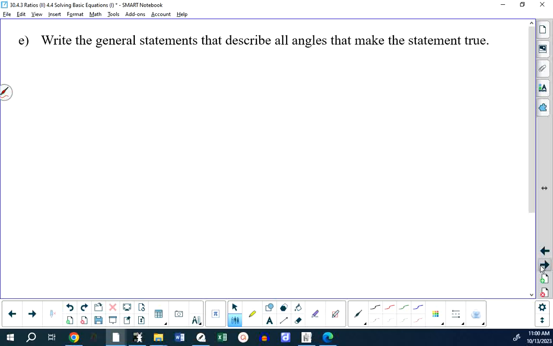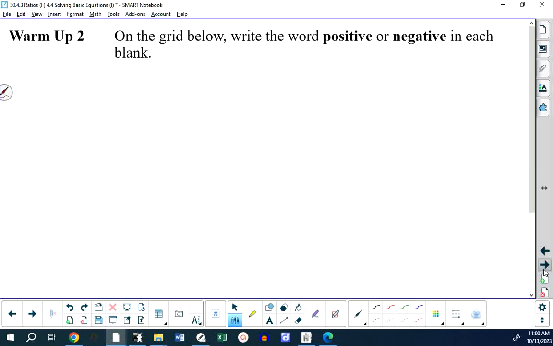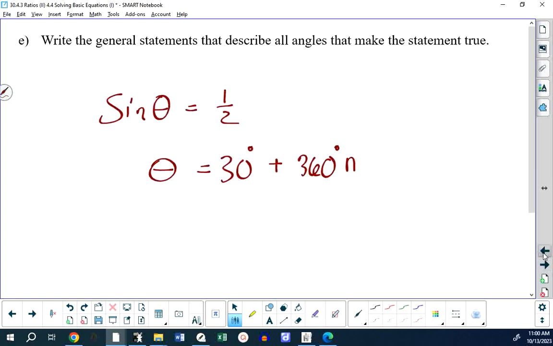So if I said to you sine of theta is 1/2, what is theta? Well, theta can be 30 degrees plus 360 degrees times n, where n is an integer.